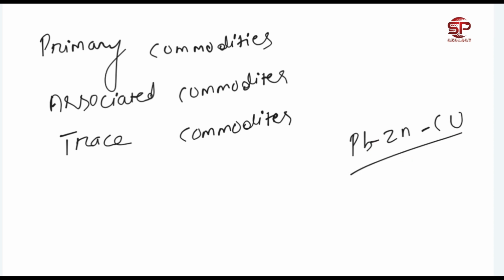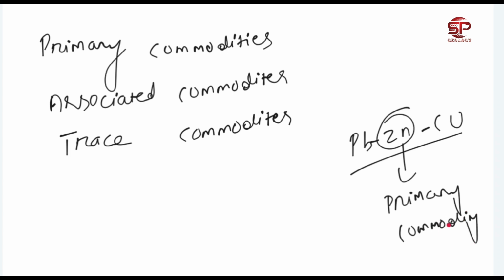In this type of mine, the primary commodity is always zinc. Zinc is the primary commodity.